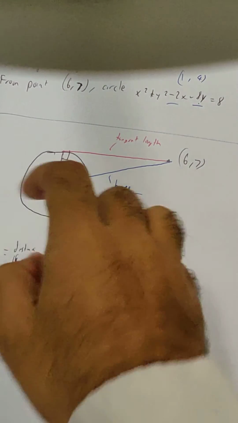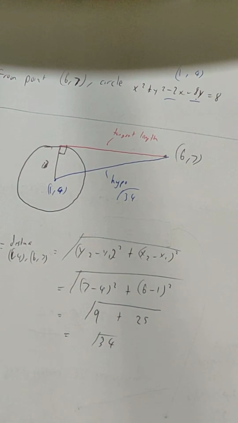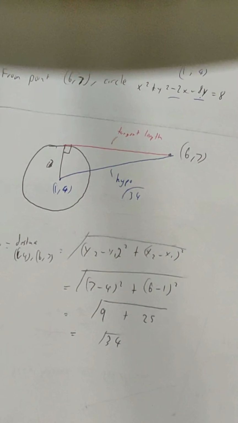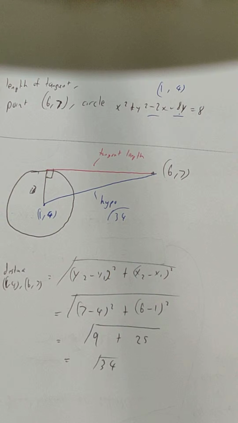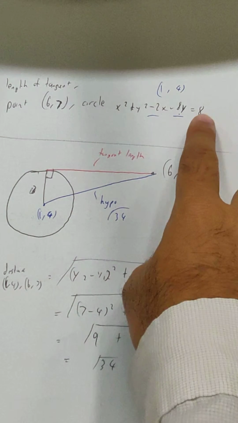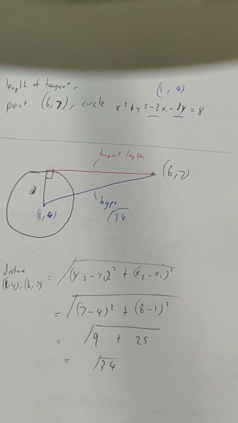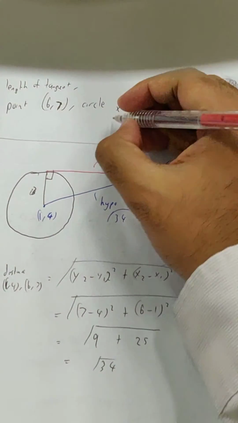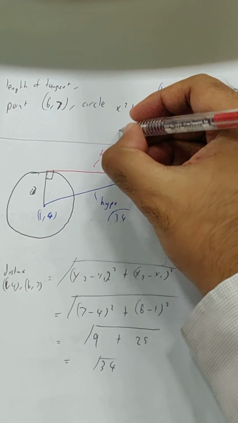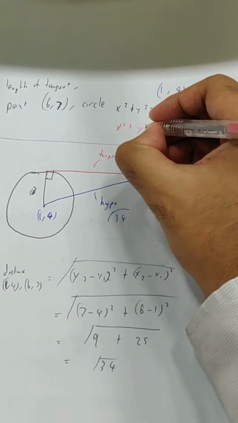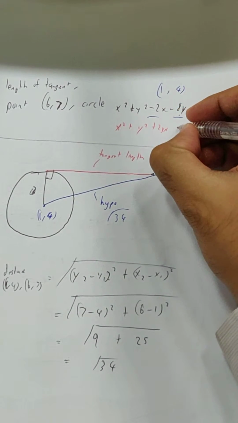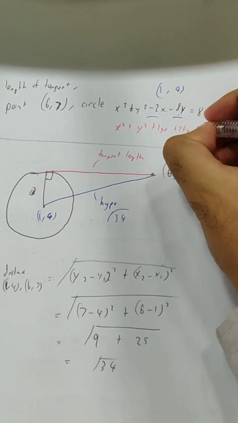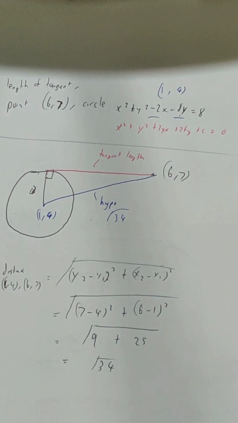Alright. Now how do I find the length of the radius? From the formula as well. Which part? From this formula, I can manipulate it into x squared plus y squared plus 2gx plus 2fy plus c equals to 0.